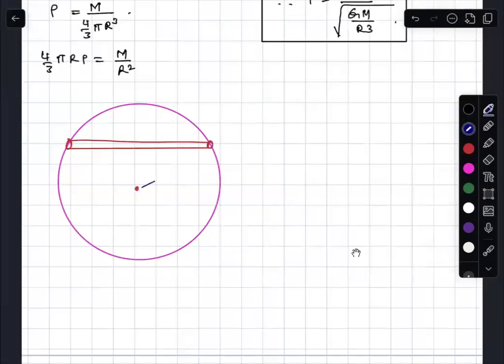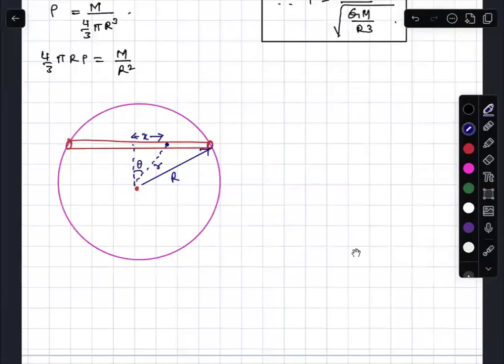Remember, this is your radius capital R. Now you have released it, and it has reached some point over here, at a distance r. Let this make an angle theta at that instant.